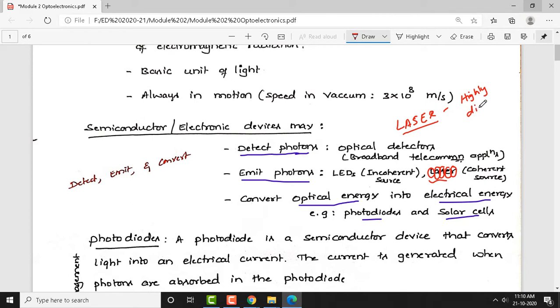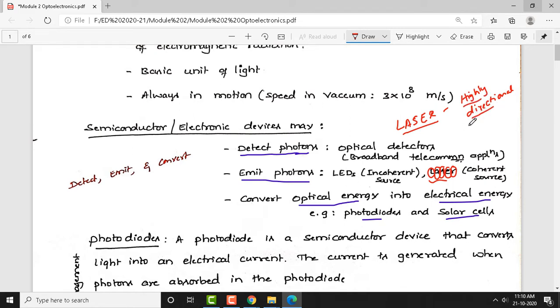What do you mean by highly directional? It will not deviate. That's correct, it will be a narrow beam.